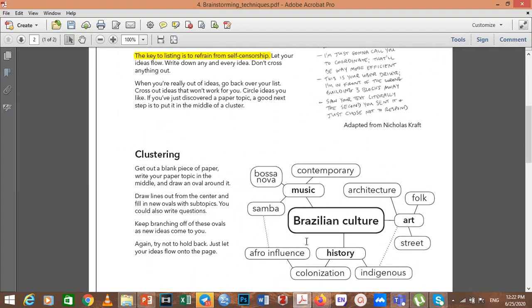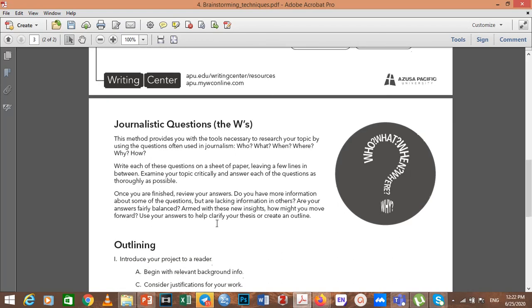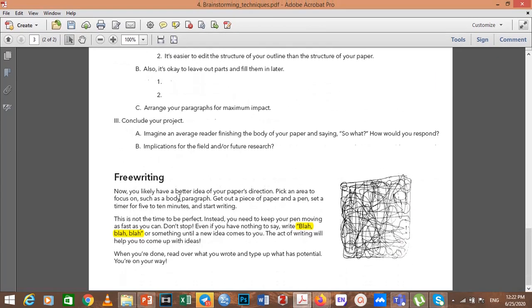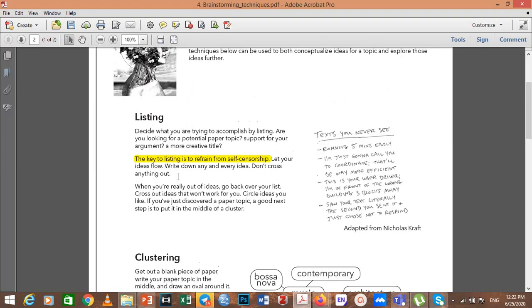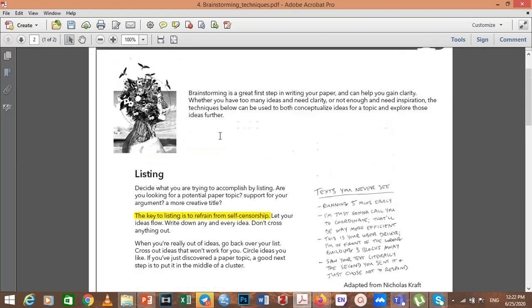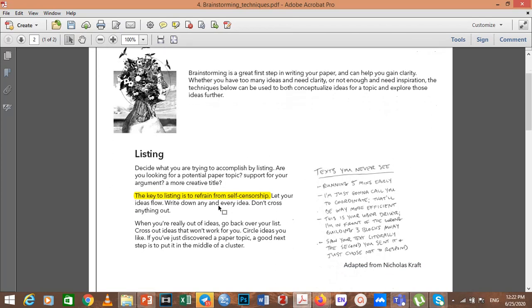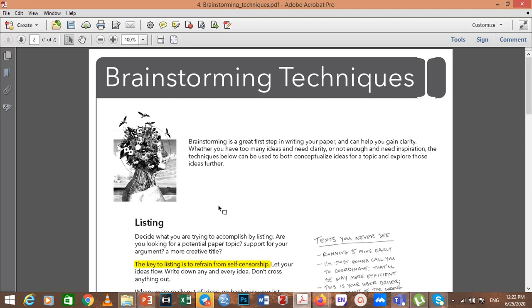Clustering, mapping, you map it, or you can use journalistic questions, but somehow it's not really practical for every type of essay. Or you can do outlining, and last but not least is free writing. Okay, so free writing, outlining, clustering, and listing are strongly suggested for you to use, right? So that is the end for brainstorming techniques.